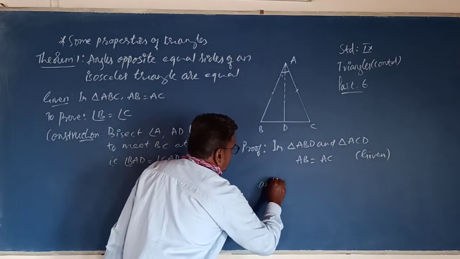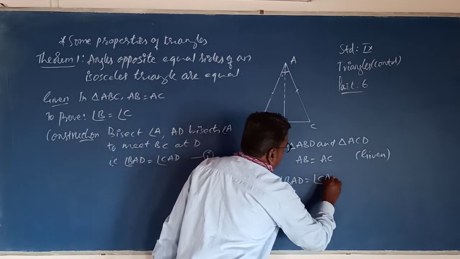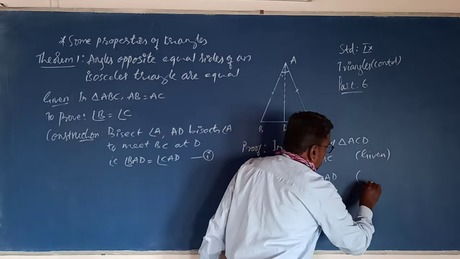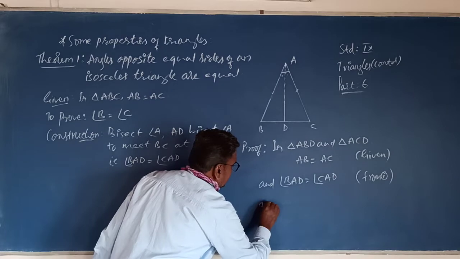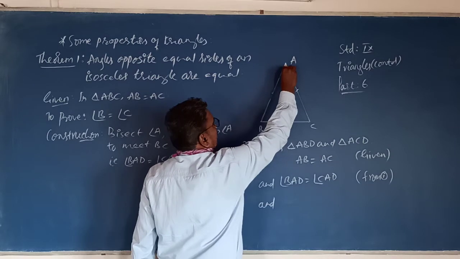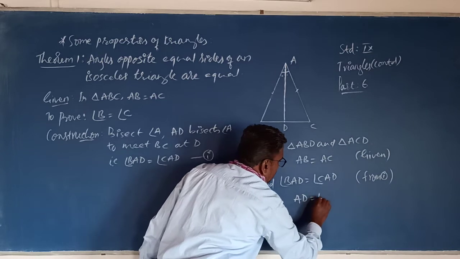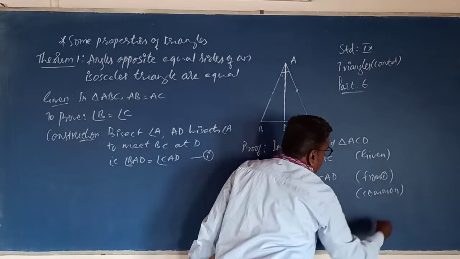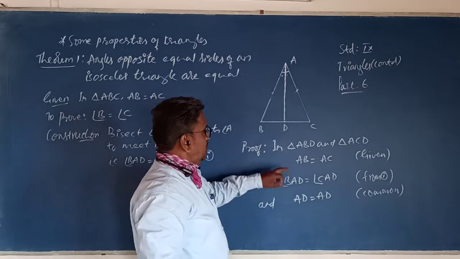Angle BAD is equal to angle CAD; we have constructed this, so by construction, or from 1. And AD is common, AD is equal to AD. So what can we understand from this?